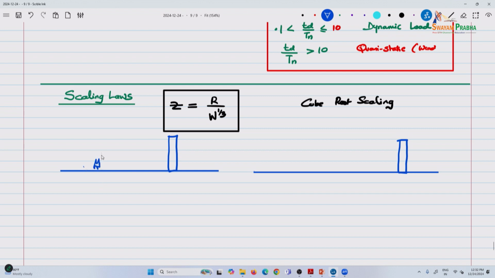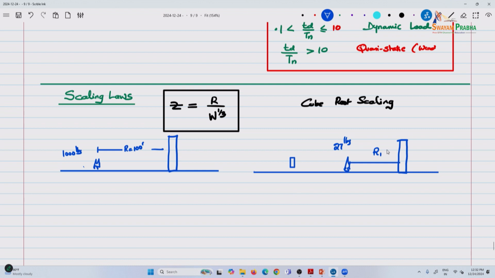In this case, R is 100 feet and this is 1000 pounds. Same thing in this case, but now this is 27 pounds at, so we'll keep this as R1.